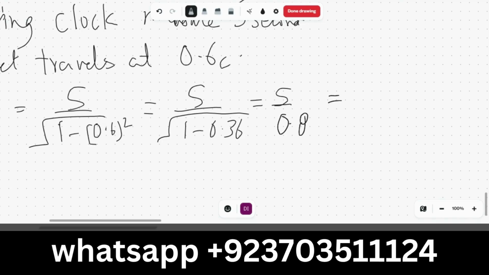So the time dilation gives 6.25 seconds.